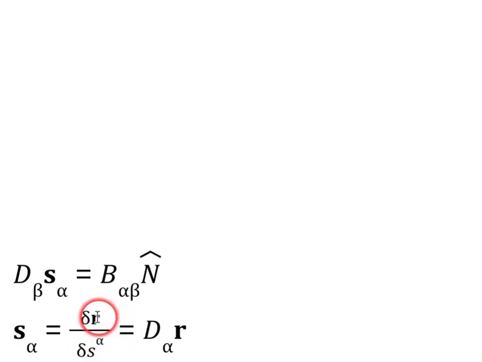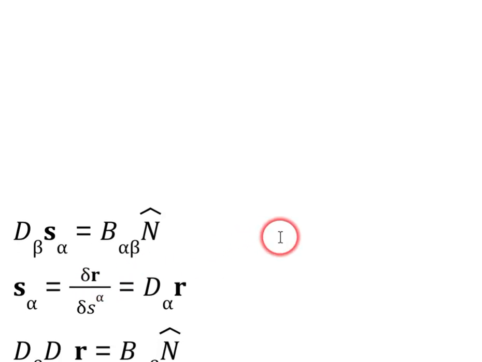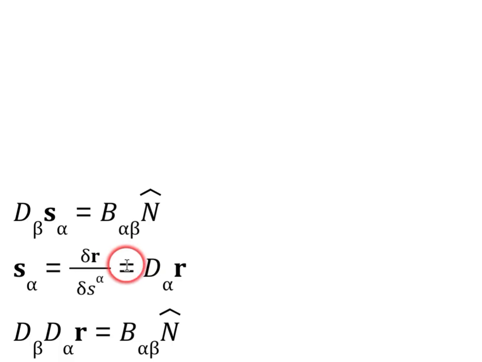Because this position vector has no indices, we can also write that as the covariant derivative of that position vector. If it had indices, we would have to include the terms for the Christoffel symbols, but it doesn't have any. So we can put this right back in here, and now we get two covariant derivatives of that position vector is equal to this.